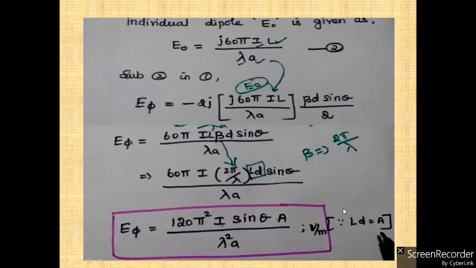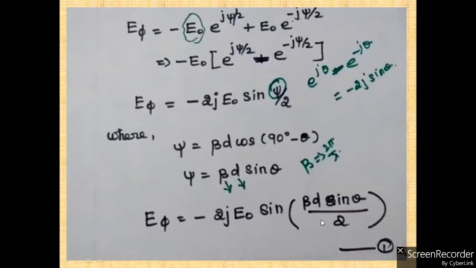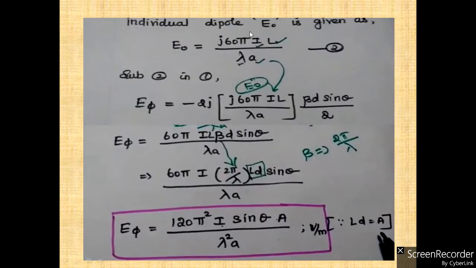Then due to the individual dipole E naught, we have E naught equal to... the previous equation we consider as equation 1. Due to the individual dipole as E naught, we have a formula where E naught is equal to j60 pi IL by lambda r.